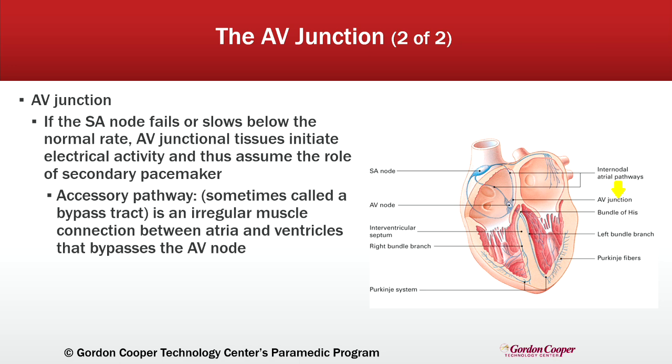Now another interesting thing is that there's an accessory pathway, sometimes called a bypass tract. It's an irregular muscle connection between the atria and the ventricles. It doesn't involve the AV node at all. Normally that electrical impulse must pass through the AV node before it gets to the ventricles, but with an accessory pathway, the impulse can bypass the AV node entirely and just travel directly from the atria to the ventricles.